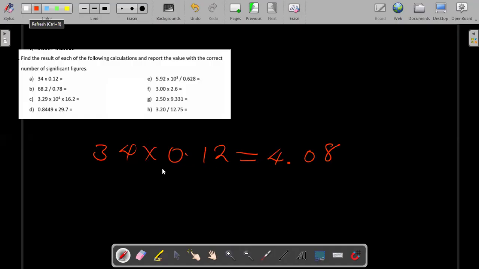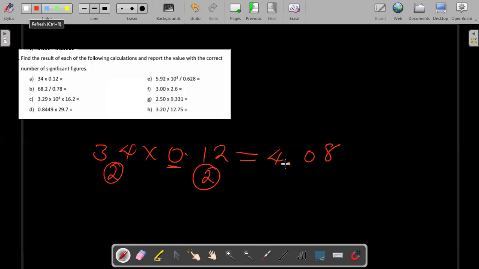Now I'm multiplying numbers, so I follow the one with the least significant figures. So I'm going to check which one has the least significant figures here. This one has 2 significant figures. This one has 2 significant figures as well, because this is a leading zero, so it's not significant in this case. So my final answer should have 2 significant figures.